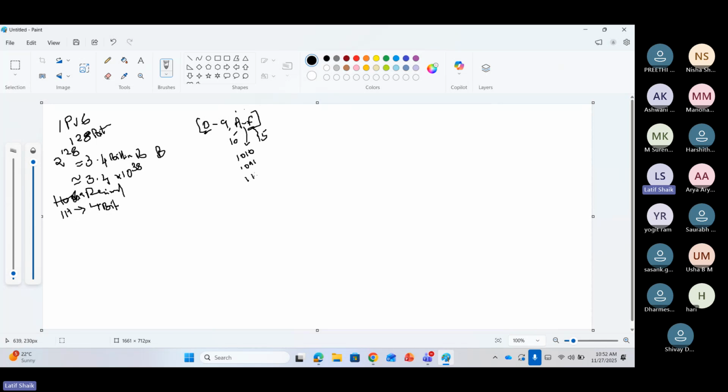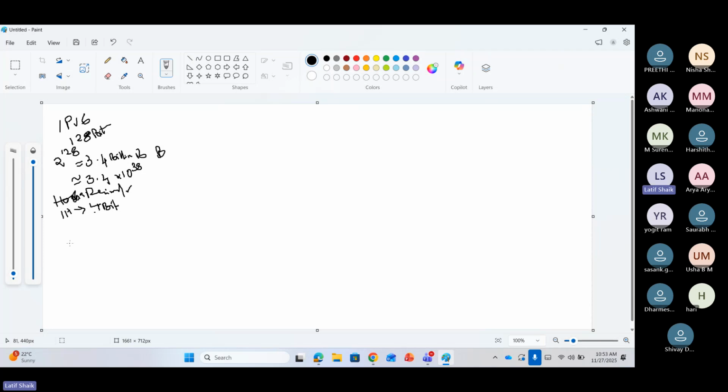F is all ones. It's a single digit, so a single hexa digit is represented with 4 binary bits only. That's why IPv6 is written in hexadecimal format.